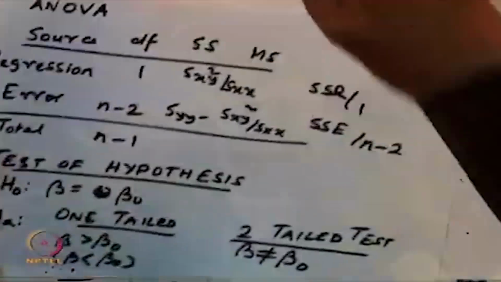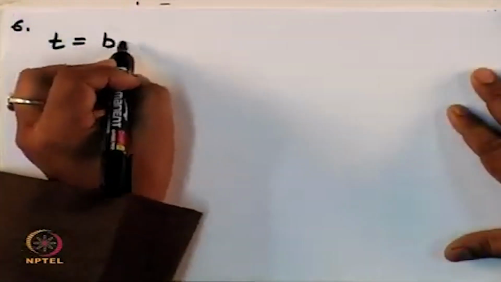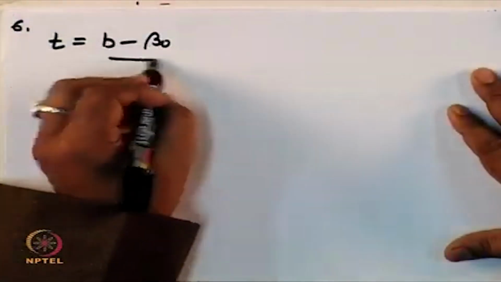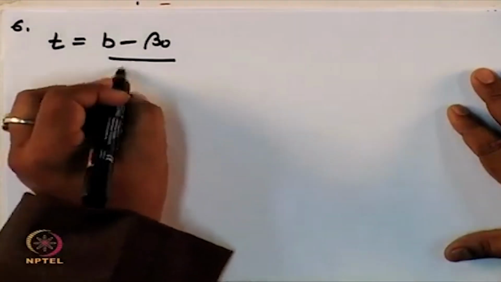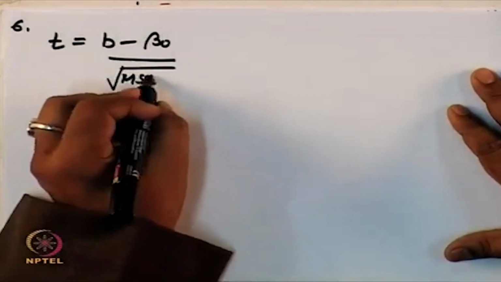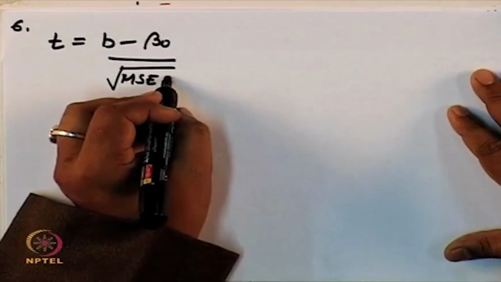To do this we can use the student's t test to find out whether the hypothesis is correct or not. We can use the t statistic given by beta minus beta naught by root of MSE by Sxx.